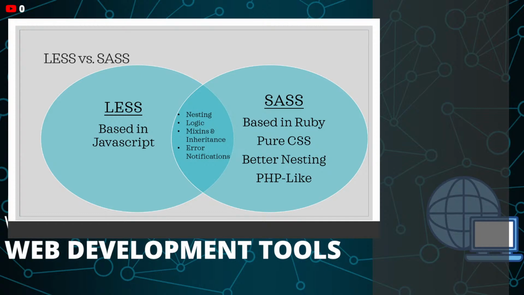Error notifications, right? Which is really still the biggest part about using CSS preprocessors is the idea that it is a programming language. So if it is a programming language and it has errors in it and it will not compile, it will let you know, right?